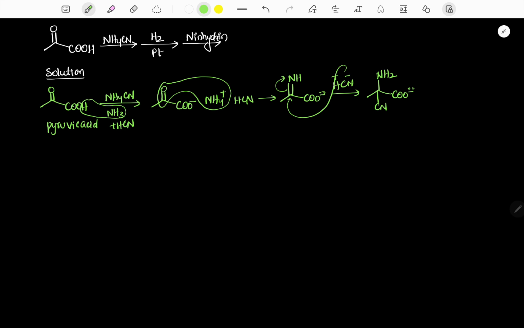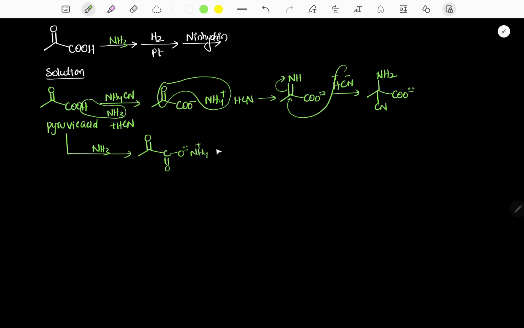Okay, so here for the sequence, don't consider ammonium cyanide, please consider ammonia. If I add ammonia, it forms the corresponding ammonium salt.